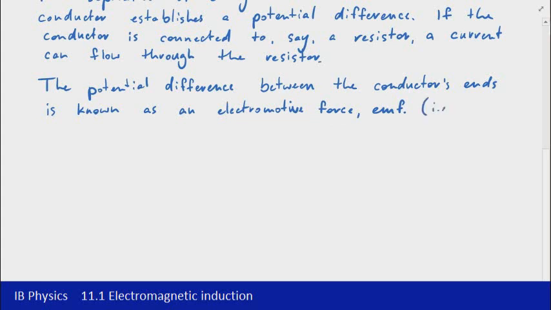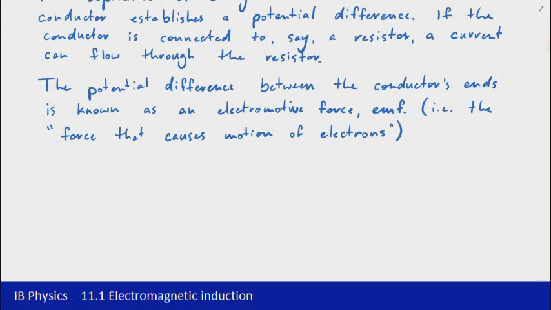Probably the easiest way to think of it is that it is the force that causes motion of electrons. So electromotive: electro relating to electrons, the motive relating to motion, and the force aspect being that sort of pushing.